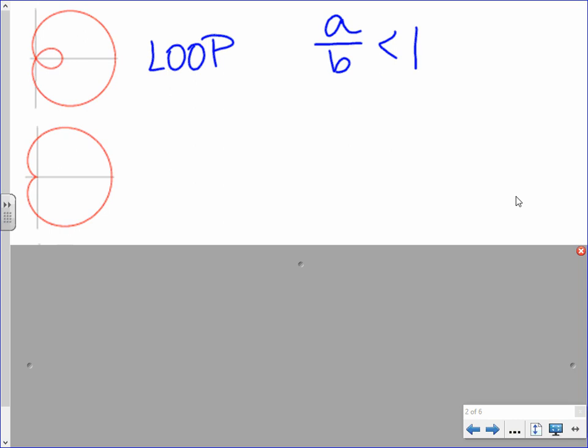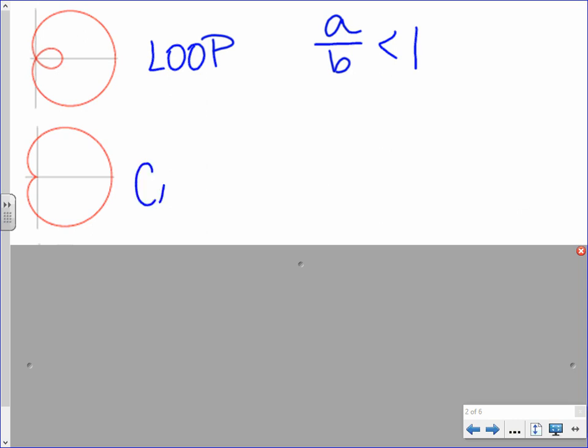This second one, what does it kind of look like? It kind of looks like a heart, right? It comes to this nice, lovely point right here, kind of like you would draw a heart.